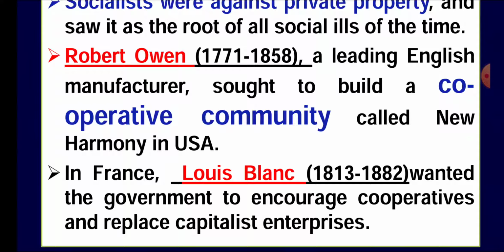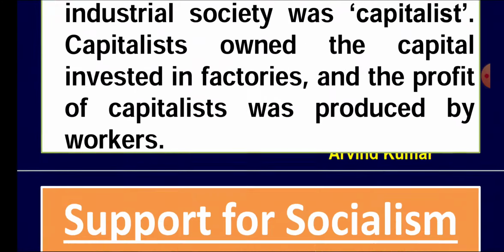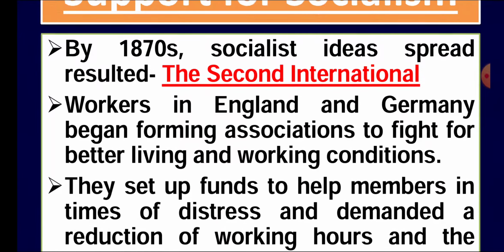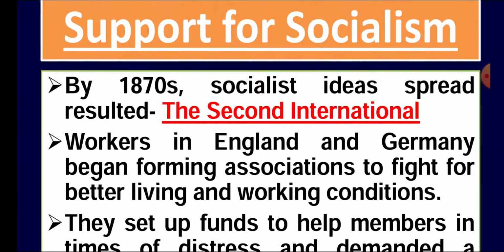Many other associations and organizations were formed to support socialism in different parts of the countries. Here you can see the support for socialism, in which there was a spread of socialist ideas in the 1870s by the socialist thinkers. Ultimately the Second International was held.